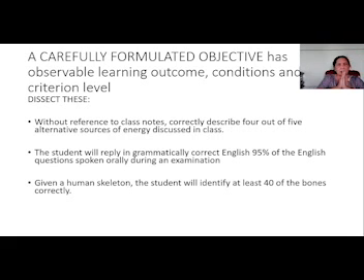So it's very specific what you are asking the students to be able to produce or demonstrate as the criterion level. Correctly describe 4 out of 5 alternative sources of energy discussed in class. So this objective is complete. This is the kind of objective that I would like to see in the paper that you're going to submit.